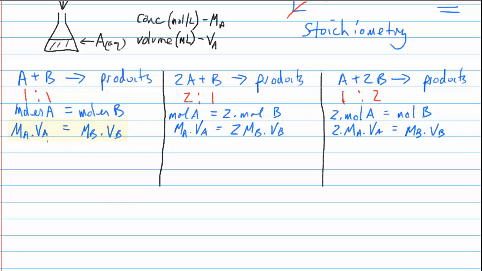Let's say we knew the values of MA, VA, and MB, and VB was unknown, then we can solve for VB by rearranging this equation. VB will be equal to the molarity of A times the volume of A divided by the molarity of B.